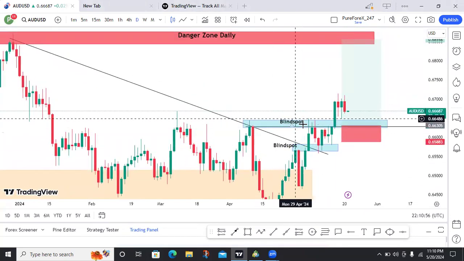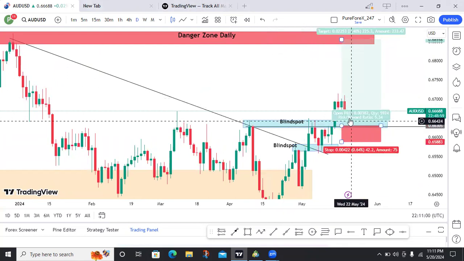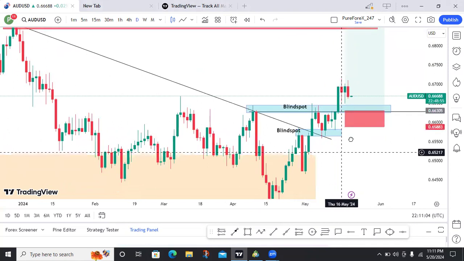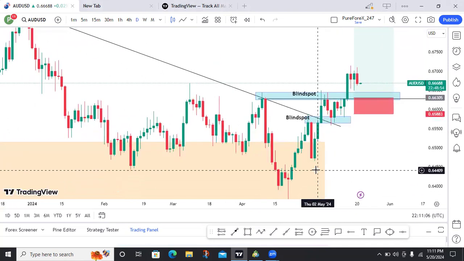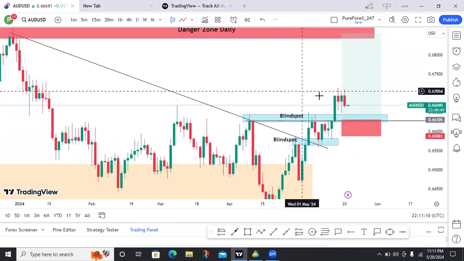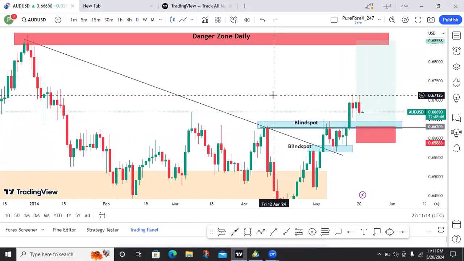This is a blind spot here. This market is also rejecting from the manipulation entry formula weekly, the same analysis as NZD USD, and this is the danger zone for AUD USD.